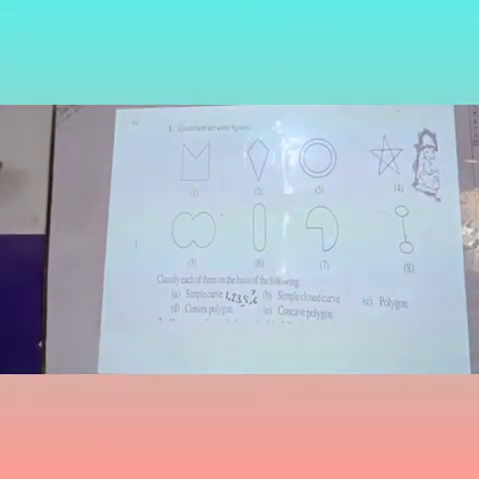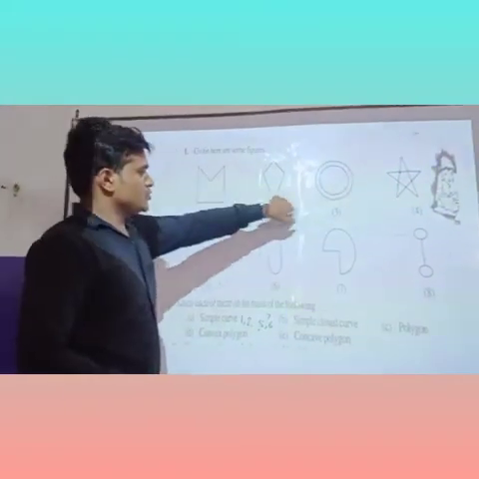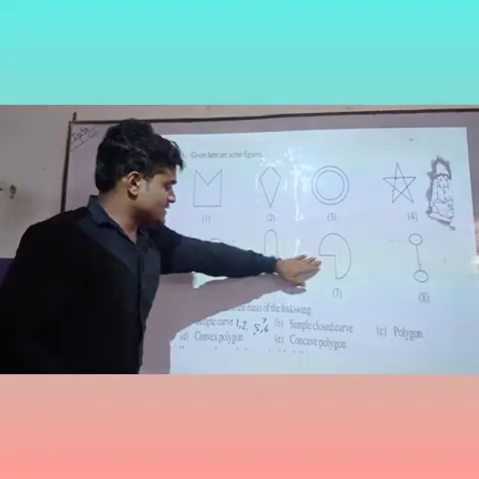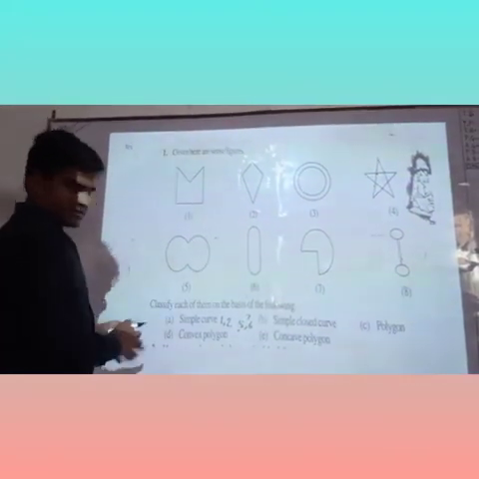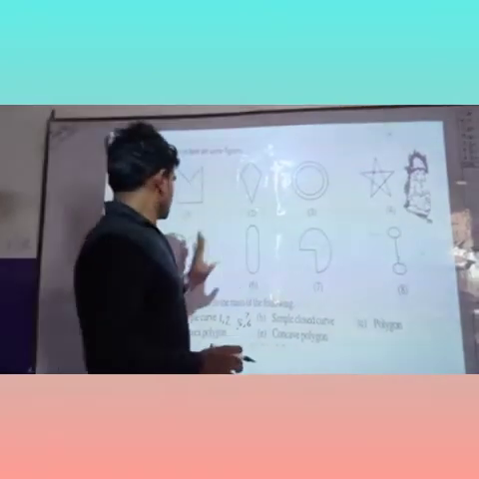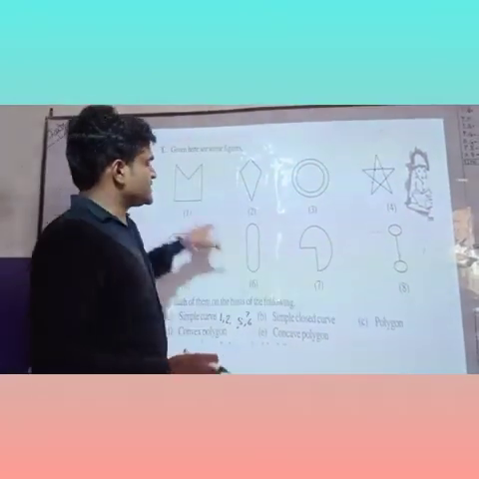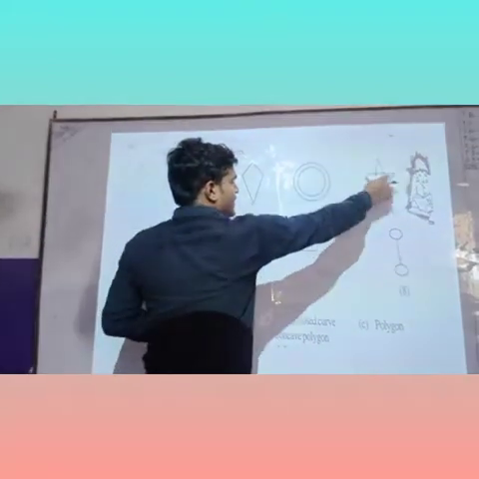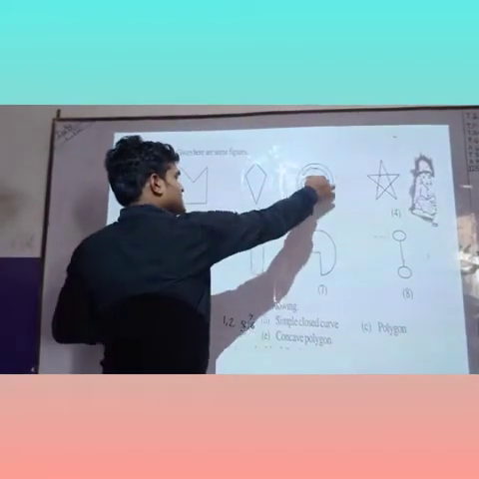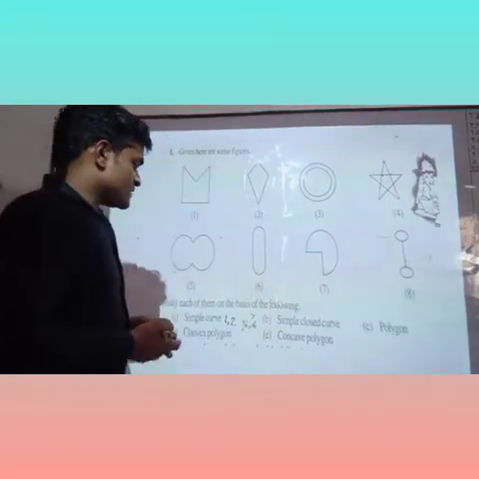So children, 1, 2, 5, 6 and 7, these 5 figures are simple curves. The third and fourth are not simple curves because they intersect, and this one is inside of that. So it is not a simple curve.